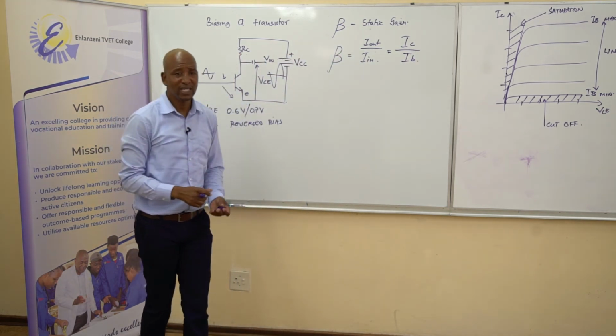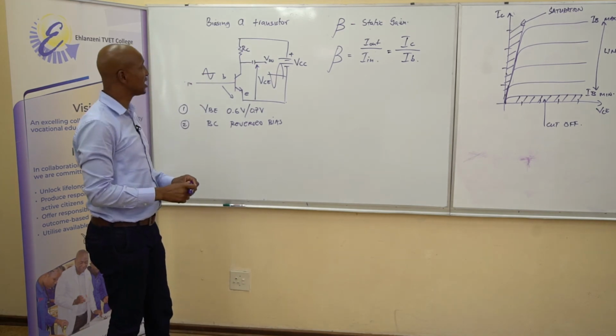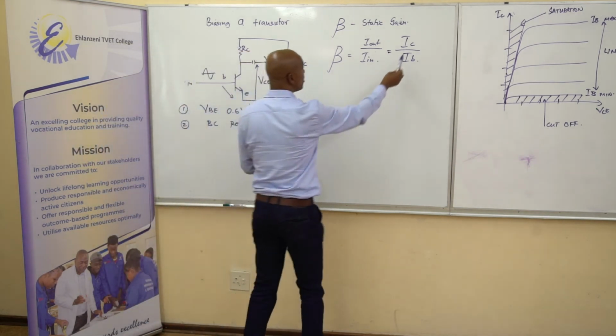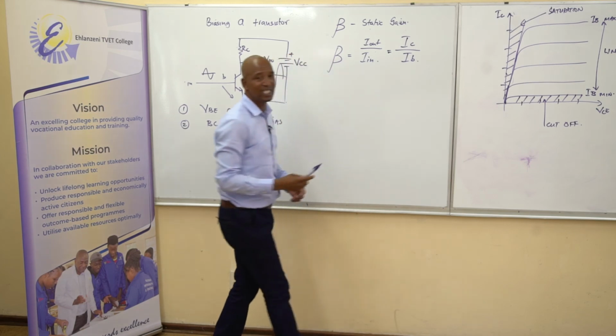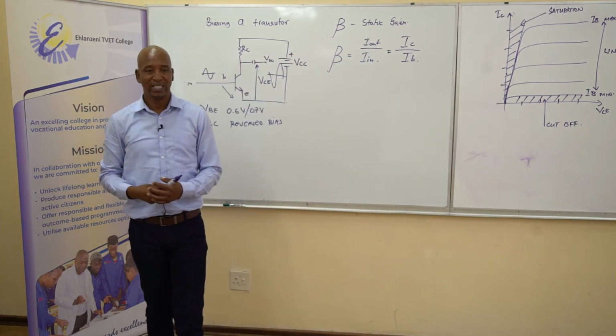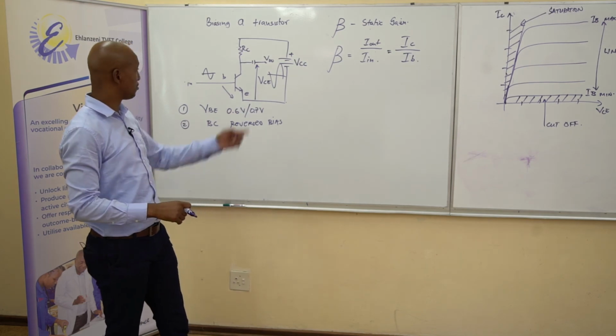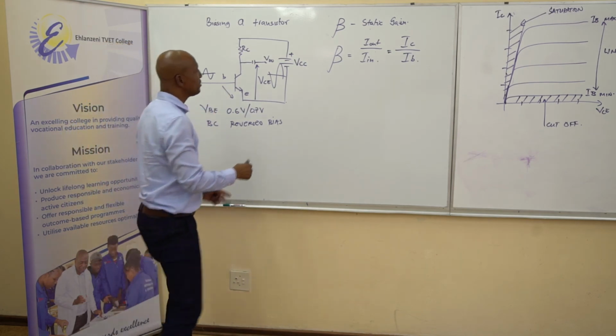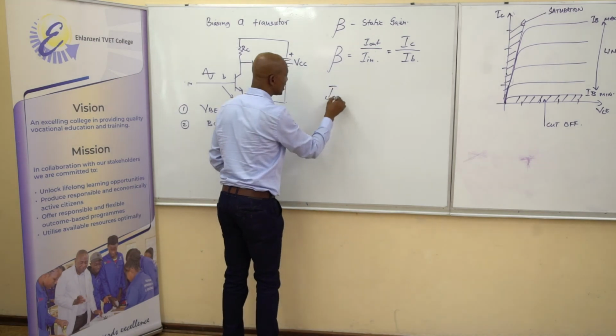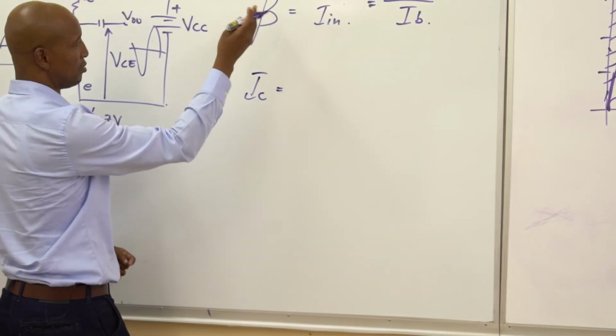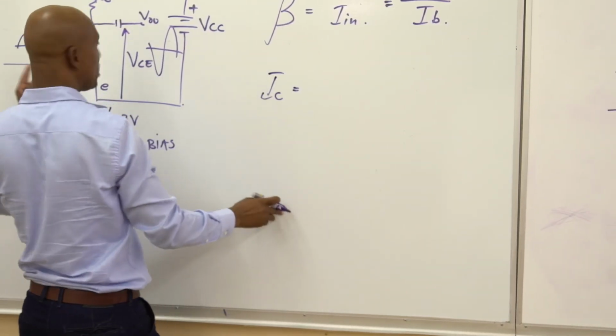You can find the gain of this transistor by knowing the values of your collector current and your base current. It means you can also find your output current if you know your gain and your input current.